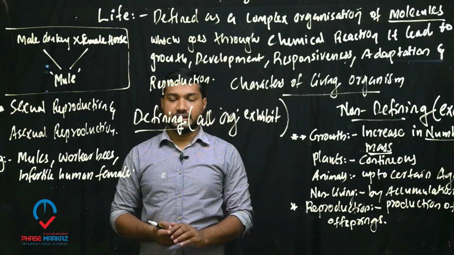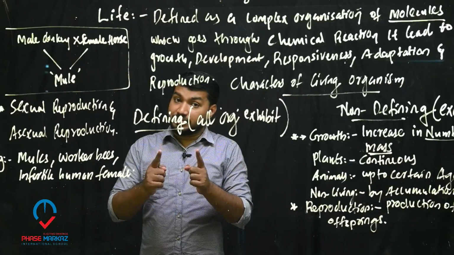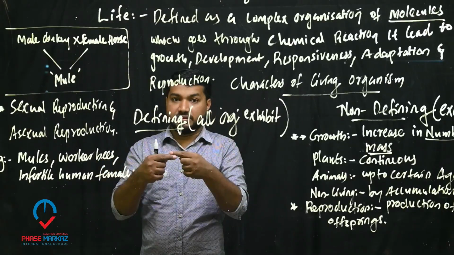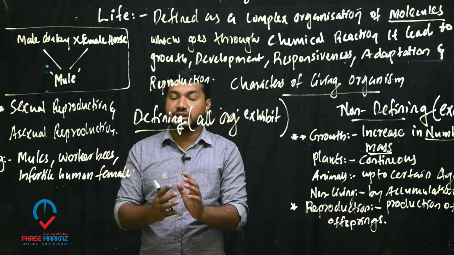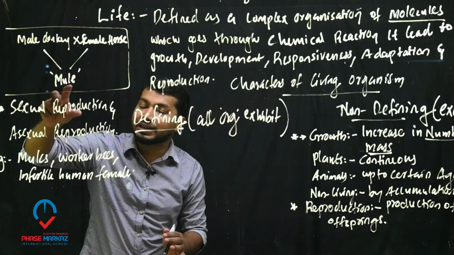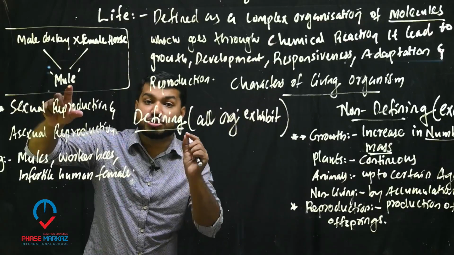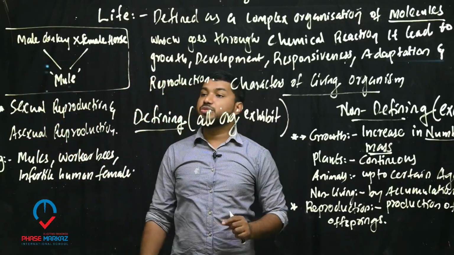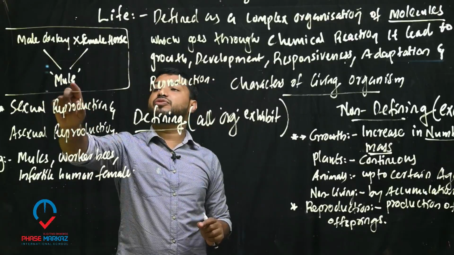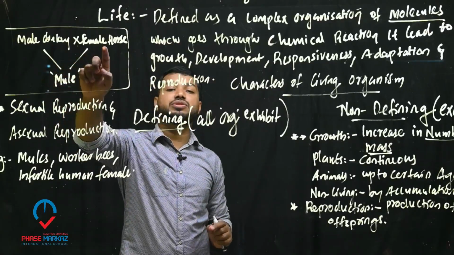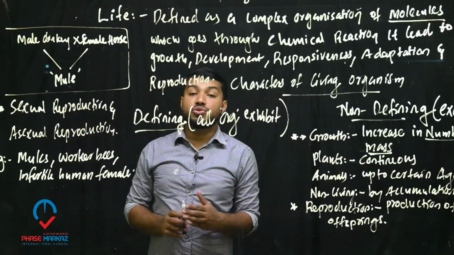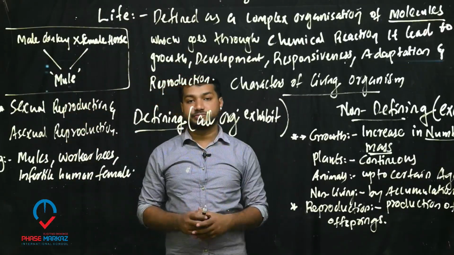But if organisms of different species have sexual intercourse together, they will produce children, but their children do not have the reproduction capacity. So a mule is the child of a male donkey crossed with a female horse. So a mule is infertile, a mule cannot produce.